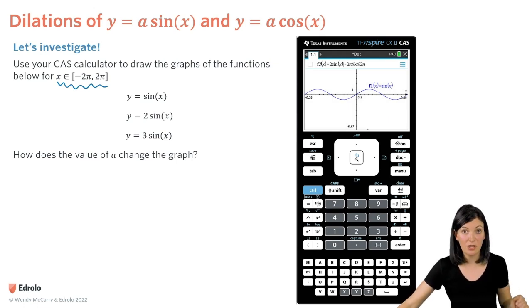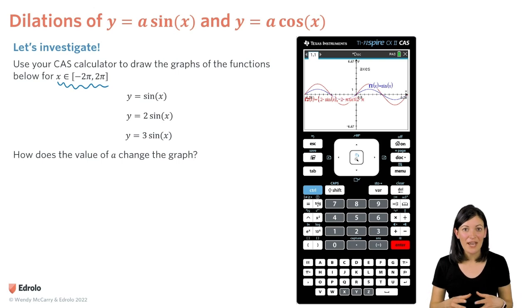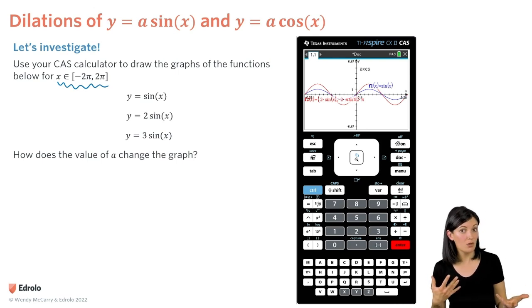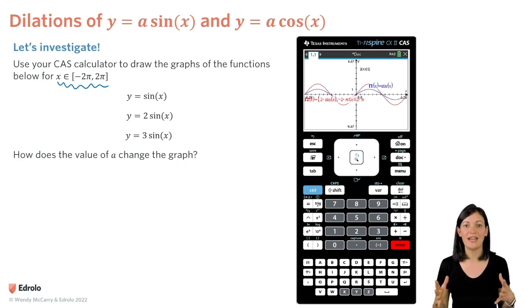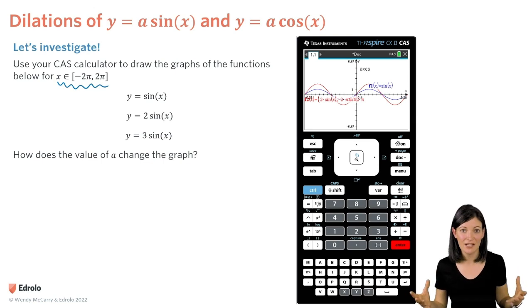You'll see that I've put the domain in there as an inequality, and I can press enter, and I get this function here. So I'll let you go ahead and graph the third one on your own, and then I want you to have a think about what you know already about transformations, and maybe write down for yourself, what do you think the value of a has done to change the function?